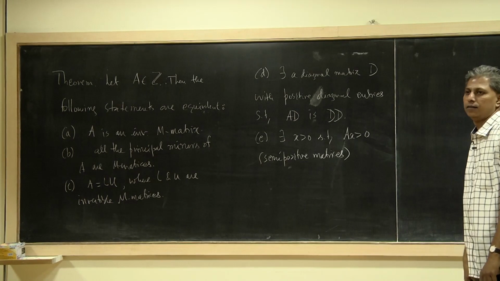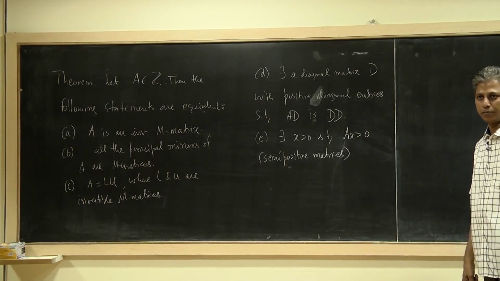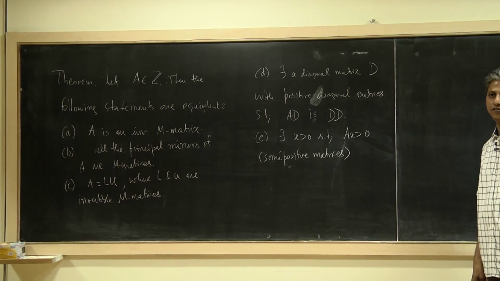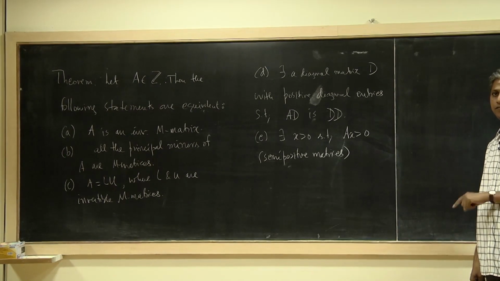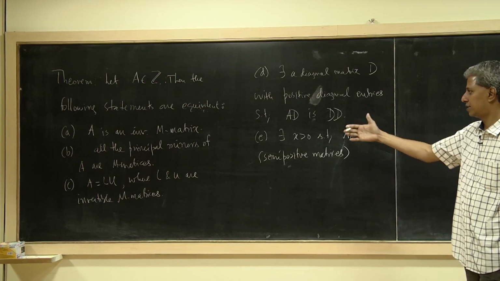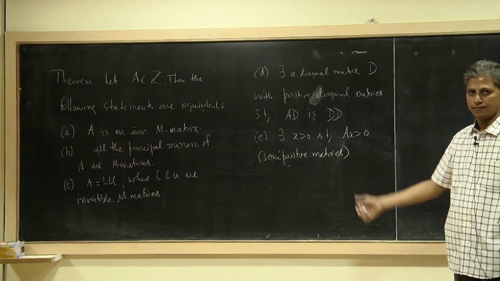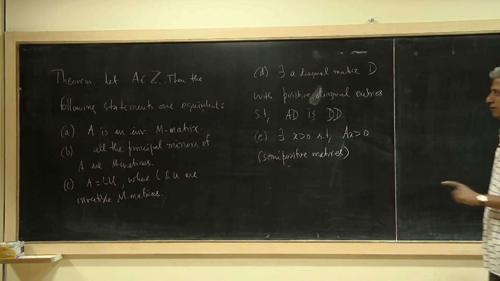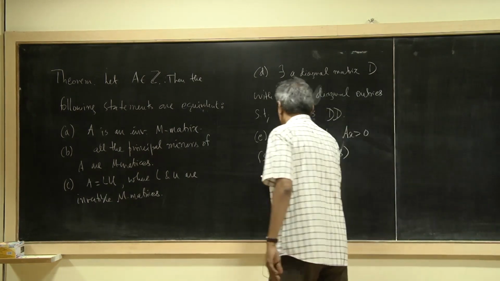So an invertible M matrix is a semi-positive matrix. Conversely, if a Z matrix is semi-positive, then it's an invertible M matrix. That is the equivalence of A and E. Okay. If a Z matrix is semi-positive, then it must be an invertible M matrix.